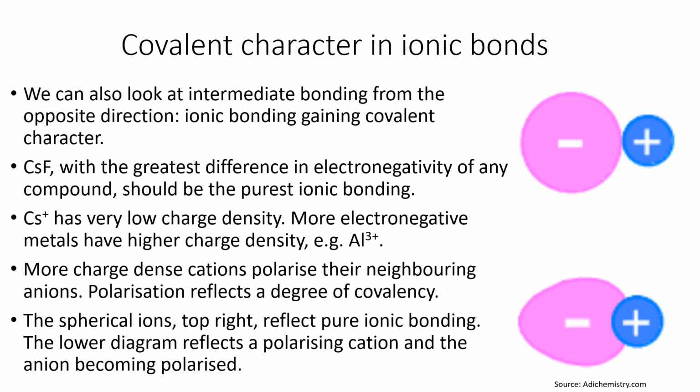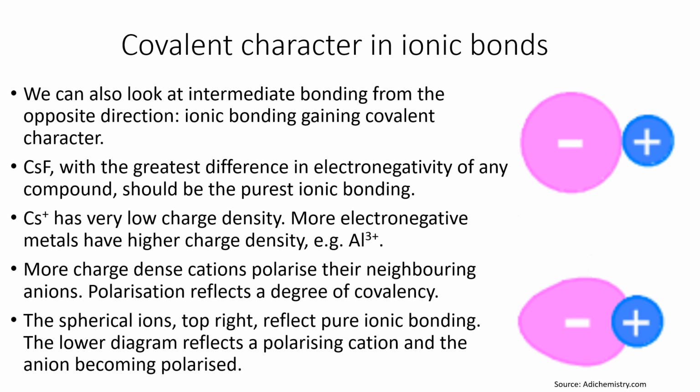These cations are more electronegative than, for example, cesium, a very low charge density cation. If a cation has very low charge density, it's going to be large, so that puts it low in the periodic table, and it's going to have a small charge, so that sends it to the left-hand side. That's why cesium on the bottom left of the periodic table has the lowest charge density of an ion.